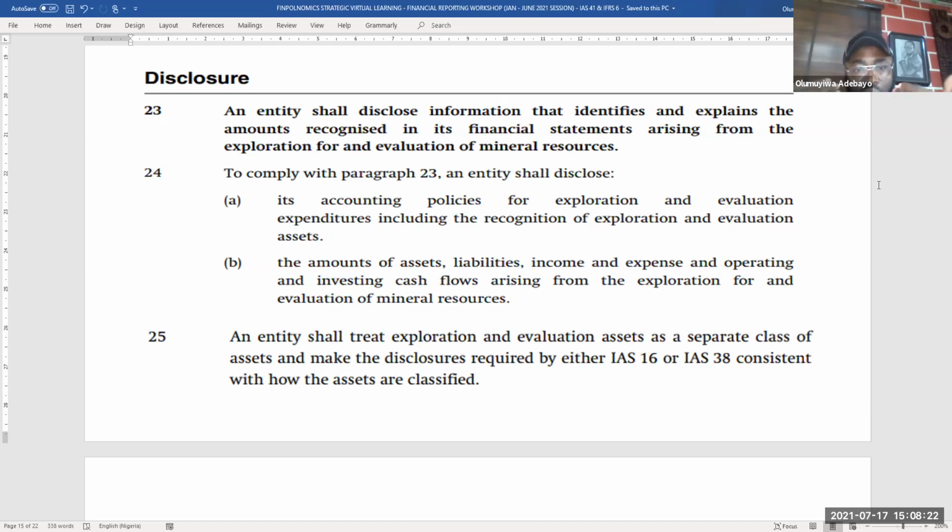But what we are trying to say is that you must be able to provide sufficient information that disaggregates your E&E asset into tangible components and intangible components. You might do that either on the face of your balance sheet, or within the notes to the financial statements. Any other question?